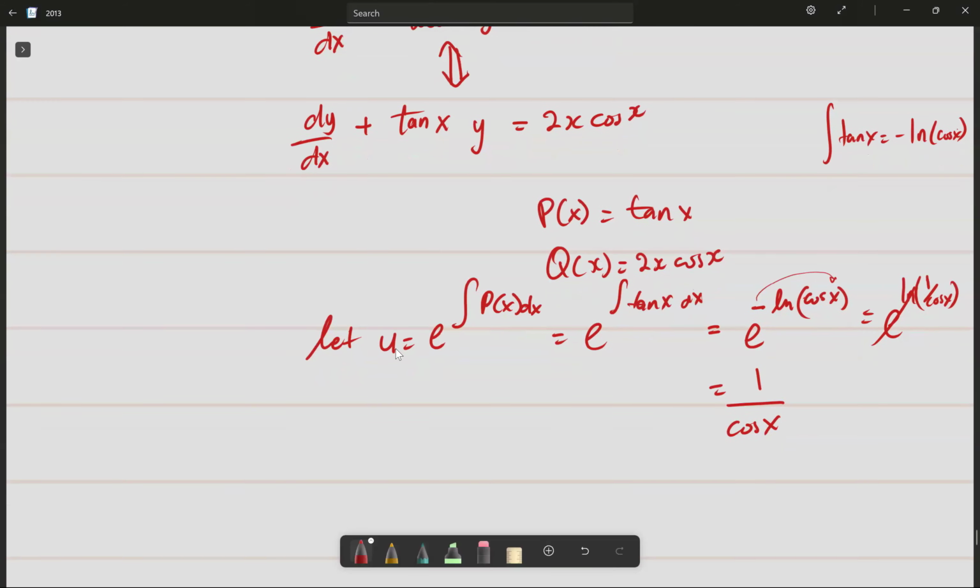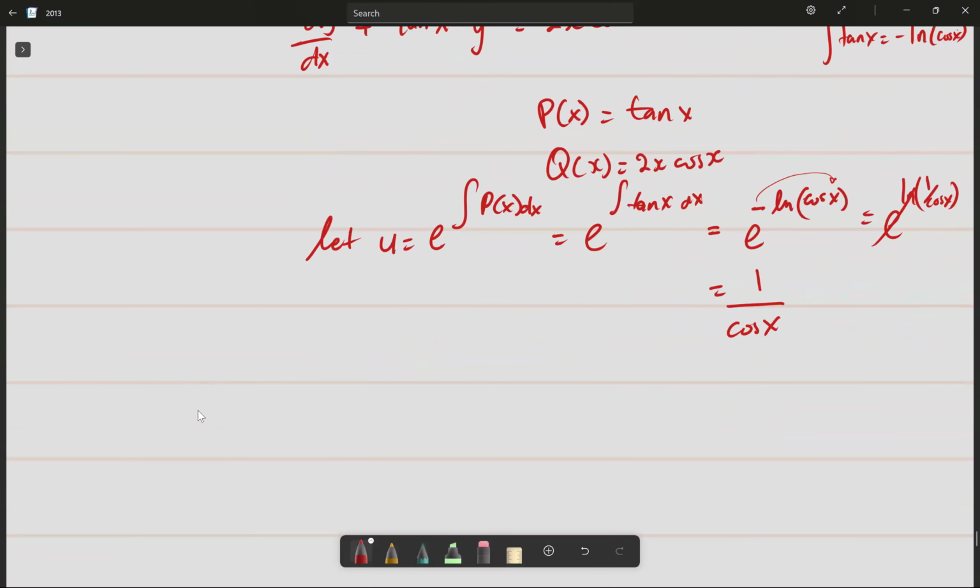Now, after you do that, our final solution y is going to be equal to 1 over u multiplied by the integral of q of x times u dx.